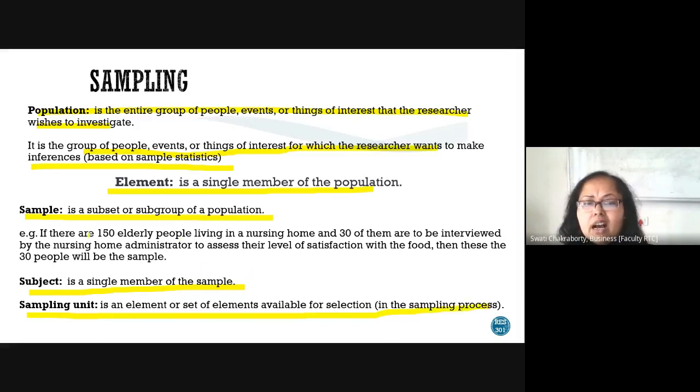See, for instance, there are 180 elderly people living in a nursing home, and 30 of them have to be interviewed by the nursing home administrator to assess the level of satisfaction with the food. So 180 is the population and 30 is the sample, right?